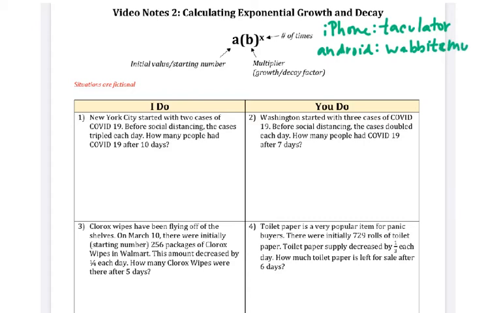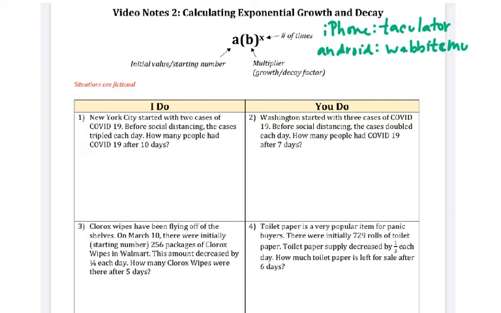Wabbit EMU and Calculator are both versions of a Texas Instruments calculator, like the ones that we use at school. So those two would be the ones that I suggest that you use for this worksheet here. If you already have a nice calculator in your phone, you can use that. But if you do not, then it's going to make your life easier if you have one of these two calculator apps.